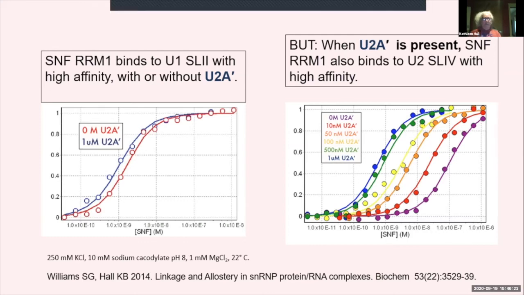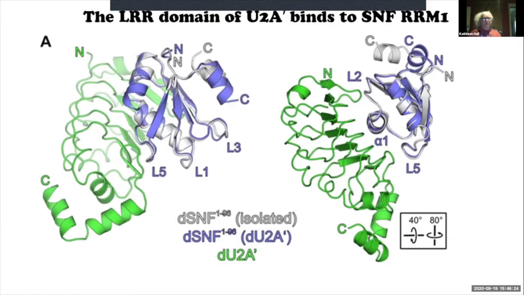So how is that working? Well, it turns out this is a crystal structure from the Vol lab of the LRR domain of U2A prime binding to SNF RRM1. And what you can see is 2 things. One is that the structure of the RRM, whether it's isolated or bound to the LRR domain, is basically the same.